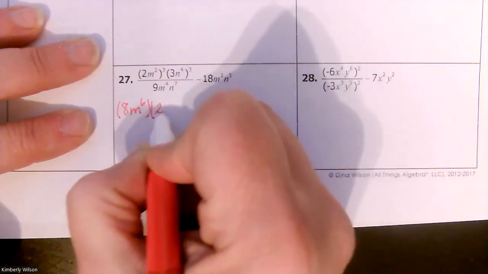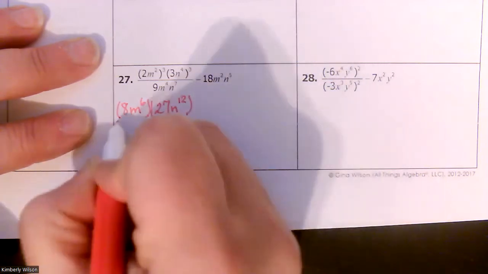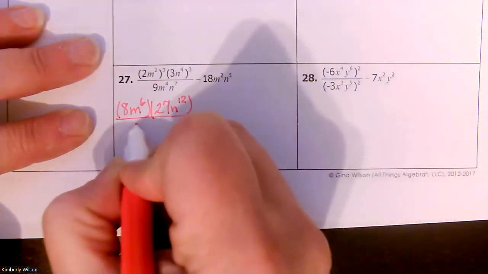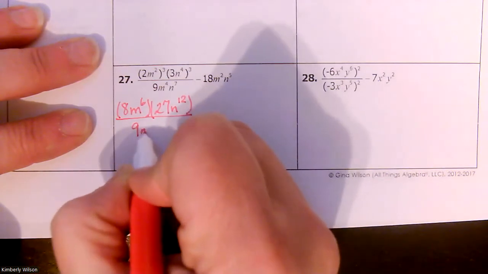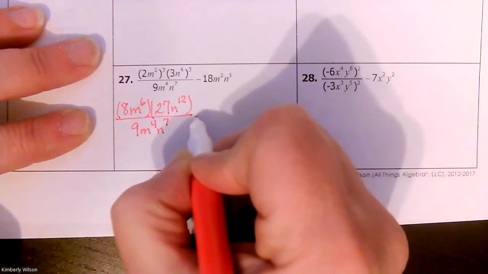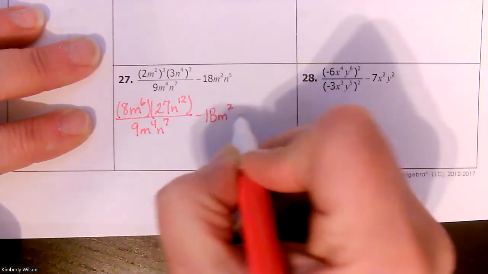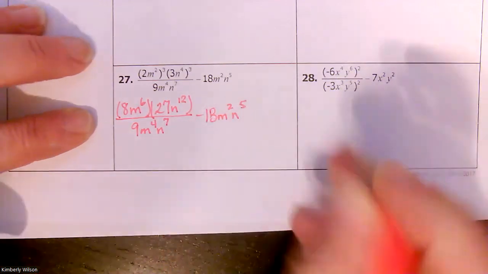So that's going to give me 27 n to the 12th, all over 9 m to the 4th n to the 7th minus 18 m squared n to the 5th.